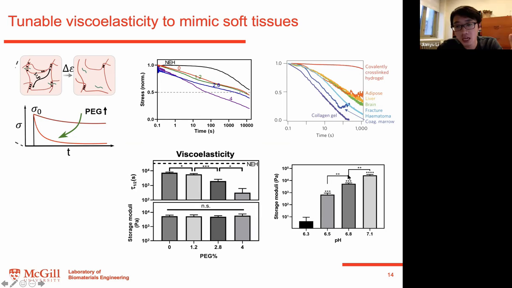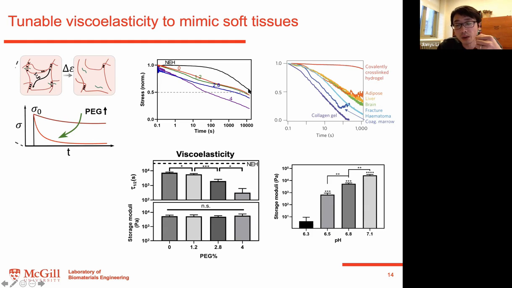By tuning the pH, we can readily tune the storage modulus, the stiffness of the whole matrix, over a wide range, depending on a very small change of the pH. Okay, and nicely, with this system, we can achieve a mechanical response similar to biological tissues.